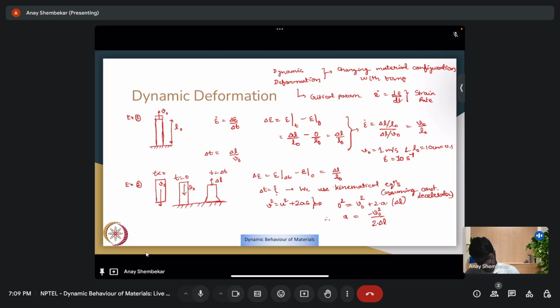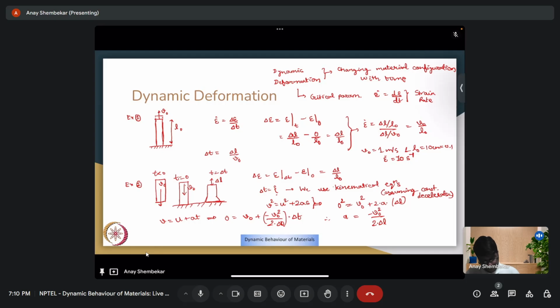We also have the first equation of kinematics, v equals u plus at. Substituting v equal to 0 and u equal to v naught, and a equal to minus v naught square by 2 delta L, into delta t.